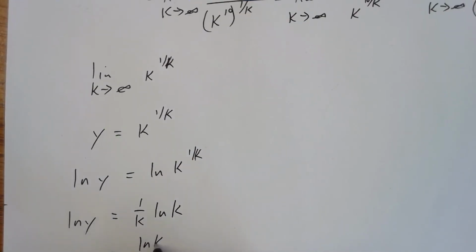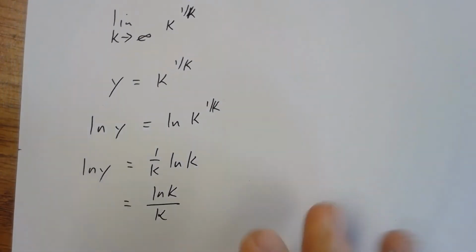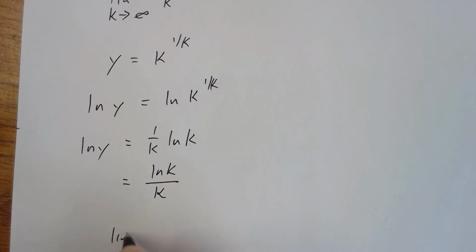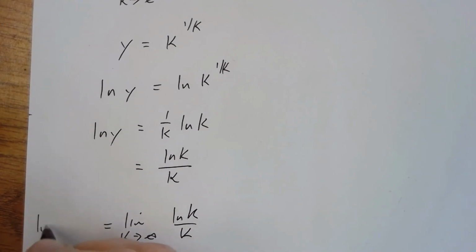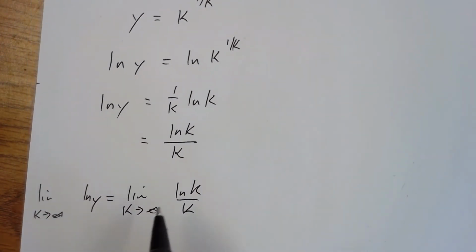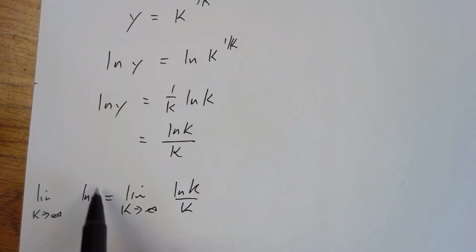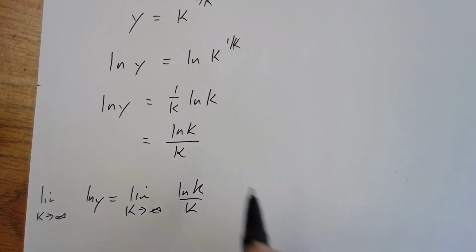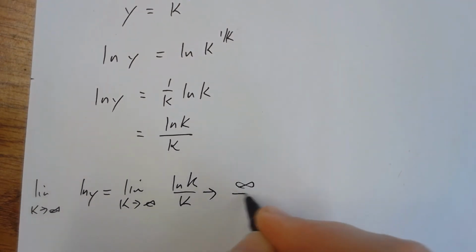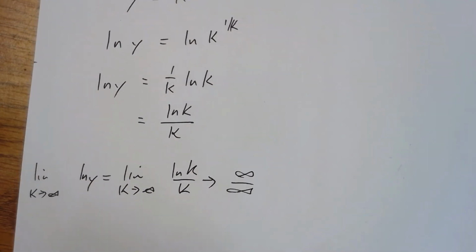This becomes the natural log of k over k, and if I take the limit as k goes to infinity of the natural log of k over k, this is equal to the limit as k goes to infinity of the natural log of y. So whatever this thing does, the natural log of y will also be equal to that. This goes to infinity over infinity, which means I can apply L'Hopital's rule.